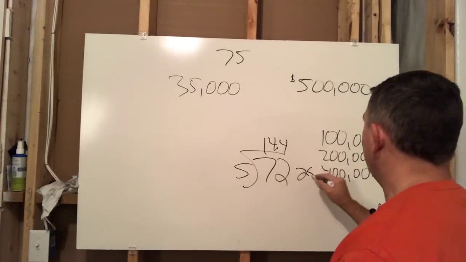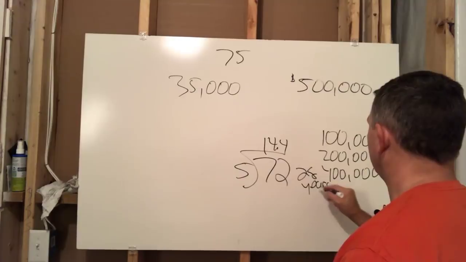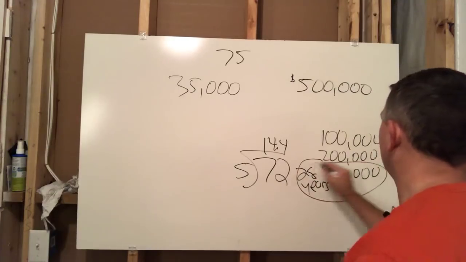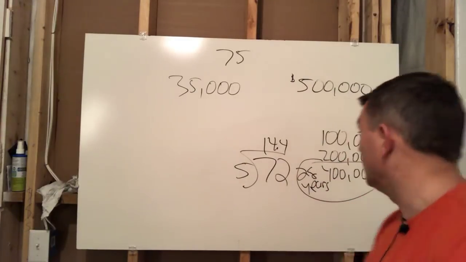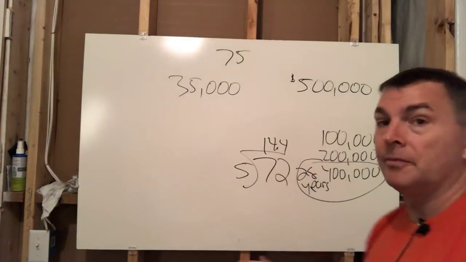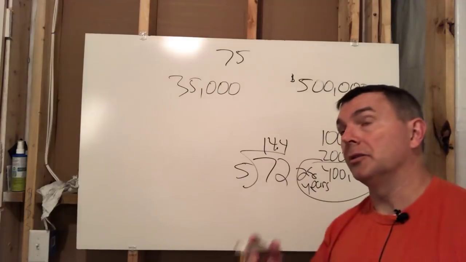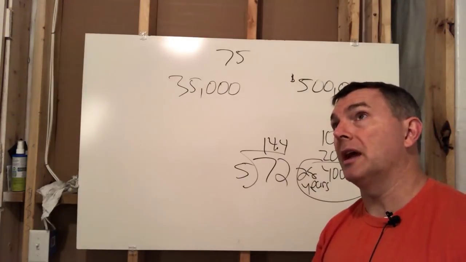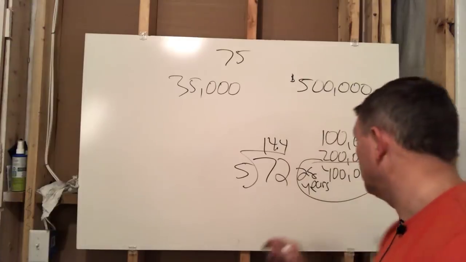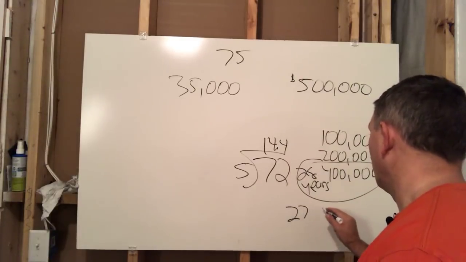So 28 years to get to $400,000, whereas the other one was 18 years. In fact, the interesting thing is, in the other case where I was getting 8% rate of return, 18 years is worth $400,000, which meant in 27 years it'd be worth $800,000.